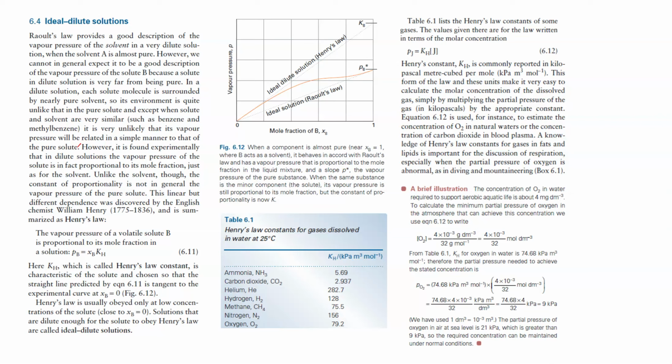Now moving back to the text. However, it is found mathematically that in a dilute solution, the vapor pressure of the solute is in fact proportional to its mole fraction, just as for the solvent. Unlike the solvent, though, the constant of proportionality is not, in general, the vapor pressure of the pure solute. This linear but different dependence was discovered by the English chemist William Henry, and is summarized as Henry's law, which is as follows.